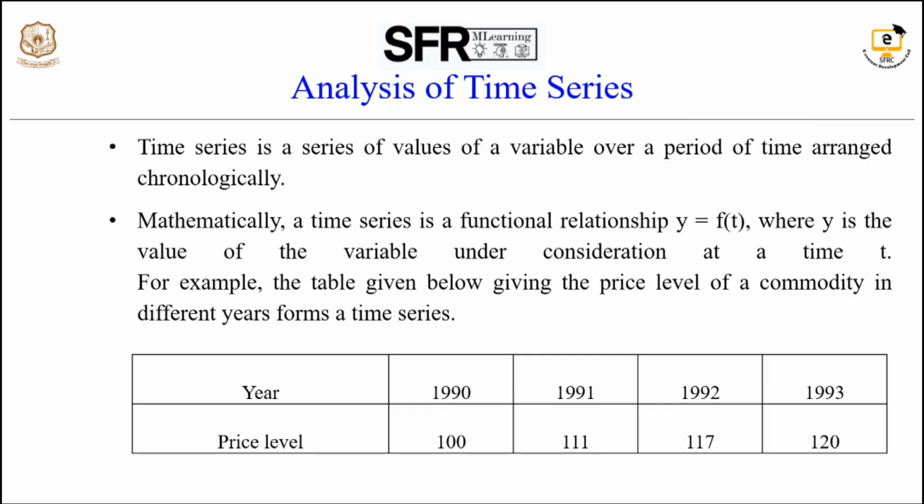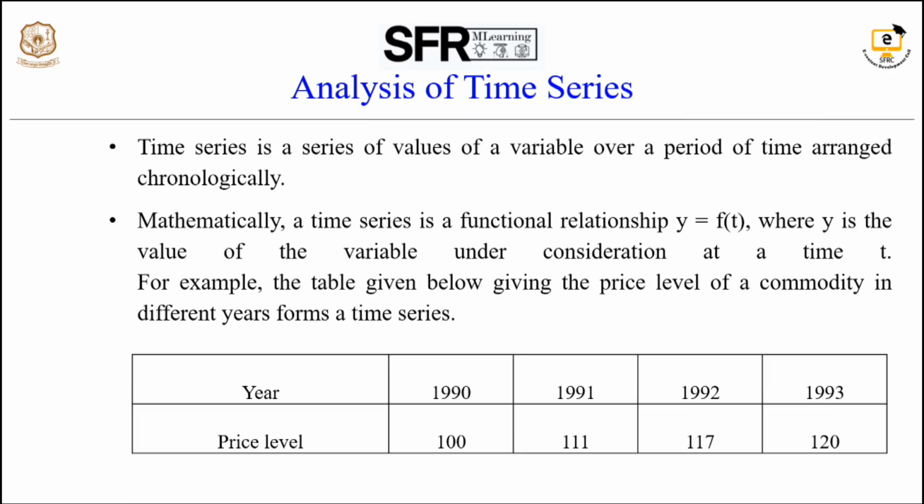We can write a functional relationship between two variables y and t. t represents the period of time, and y = f(t) means the value of a variable. The variable is t, time; the values depend on time.